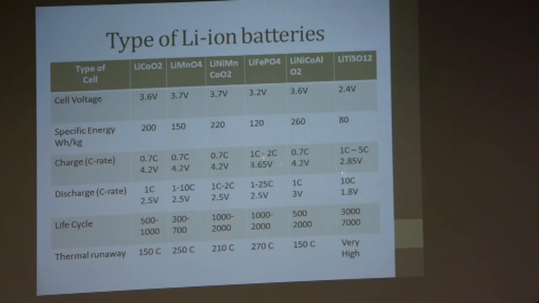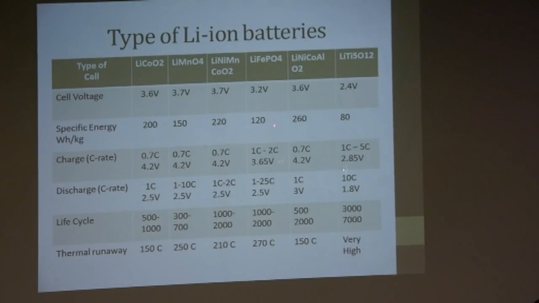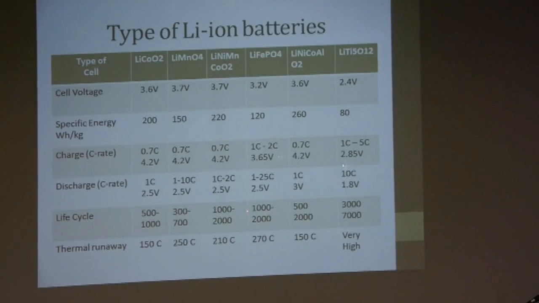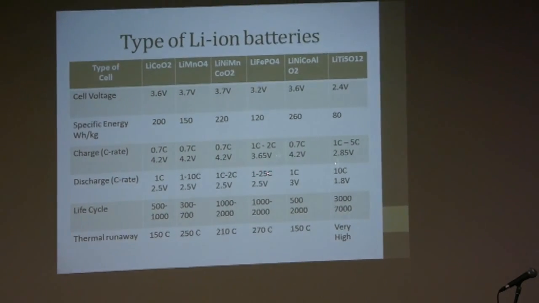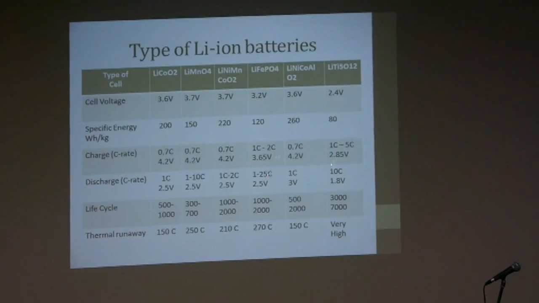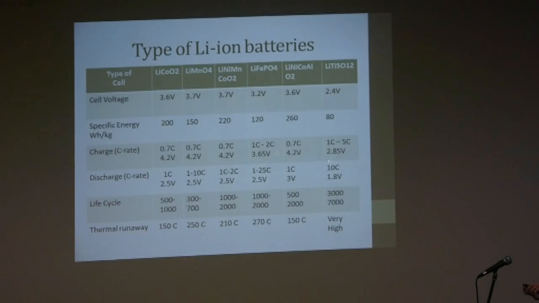Now, if we compare these, for instance, the discharge rate, and this is what you need if you pull up from a traffic light, if you would have them in your car. Then all of a sudden, the lithium iron phosphate one, which had not such a big energy density, is a very good power cell. It can give you 25 C. Now the C stands for the capacity.